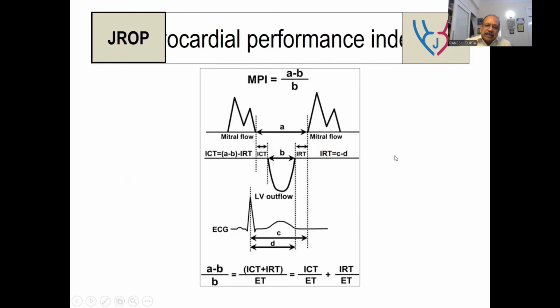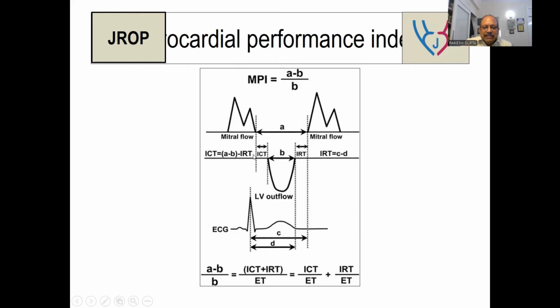Last, the systolic function can be evaluated by myocardial performance index. We are going to talk about this later on, but let me give you a sneak peek of this. The time interval between mitral closure and mitral opening is known as A. Left ventricular ejection time is known as B. If you subtract B from A, what is left behind is IVCT plus IVRT.